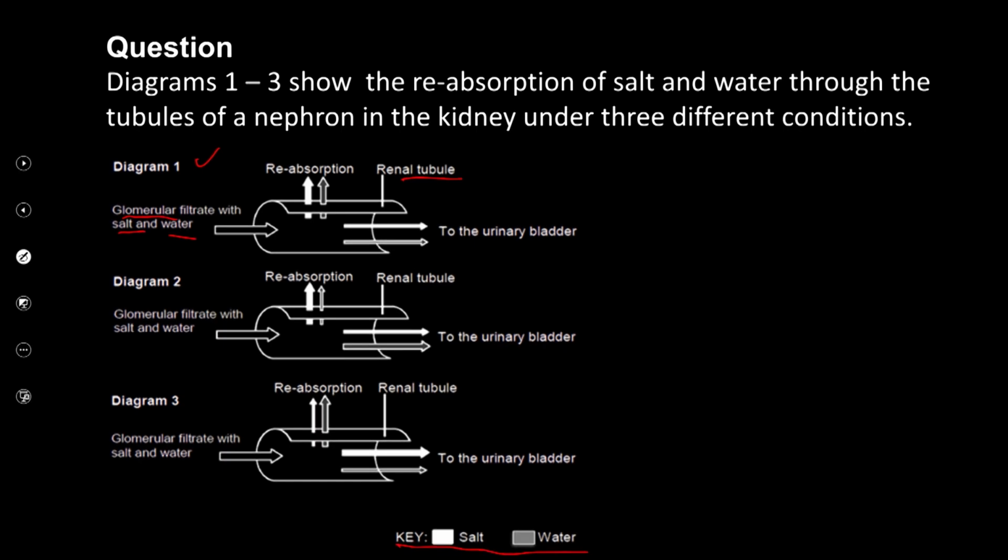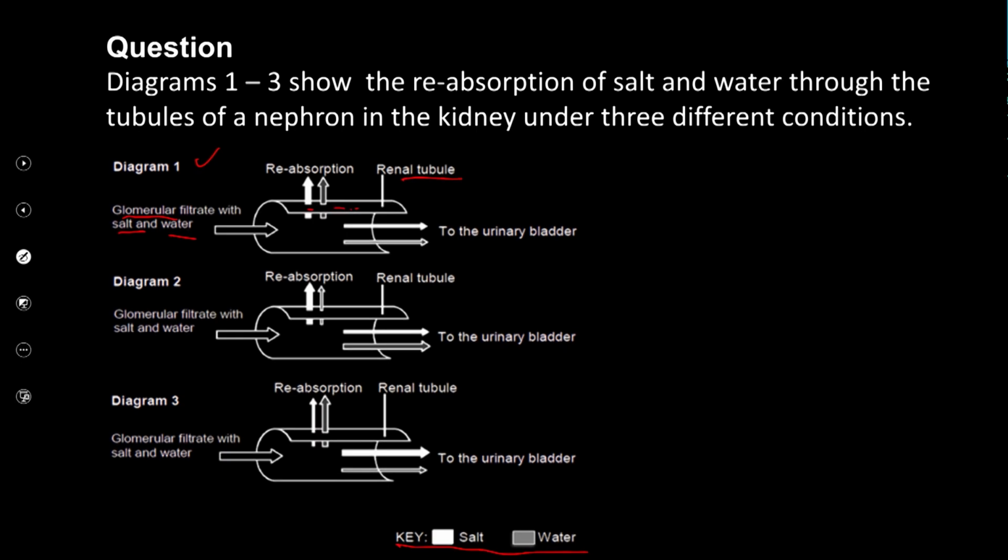The white one represents salt, the gray one represents water. Then we see the 2 arrows here. We see the water being reabsorbed, and we see salt being reabsorbed back into the system. We see the renal tubule here, and we see the 2 arrows again that represent water and salt.